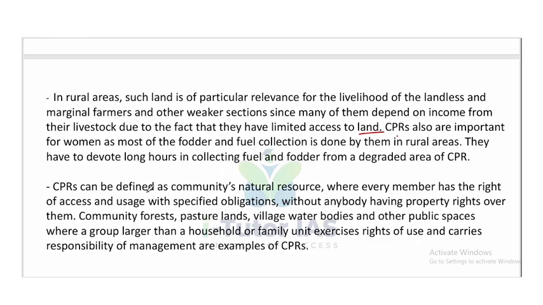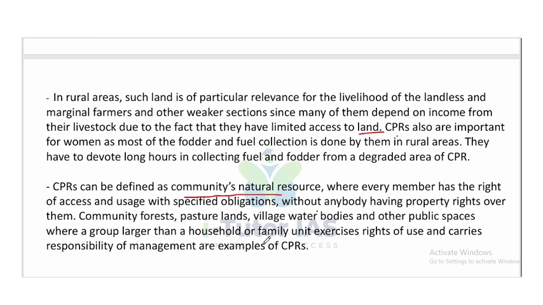CPRs can be defined as a community's natural resources where every member has the right of access and usage with specified obligations without anybody having property rights over them. Community forests, pastures, village water bodies, and other public service spaces, where a group larger than a household or family unit exercises the rights of use and carries responsibility of management, are examples of CPRs.